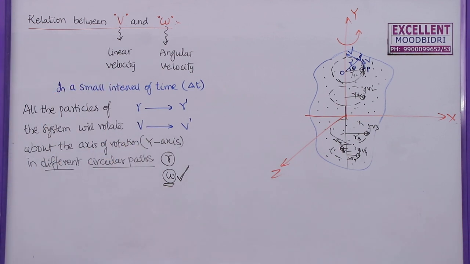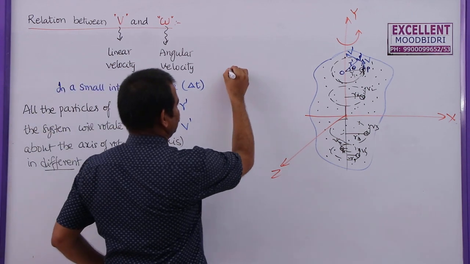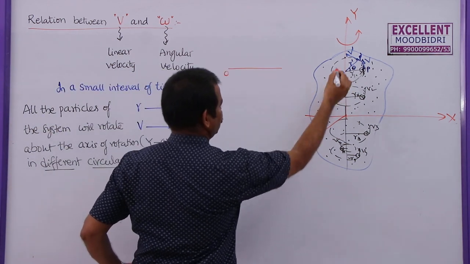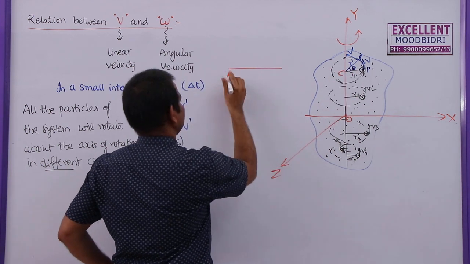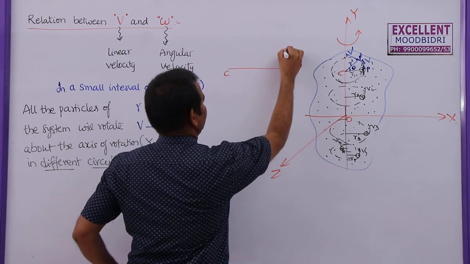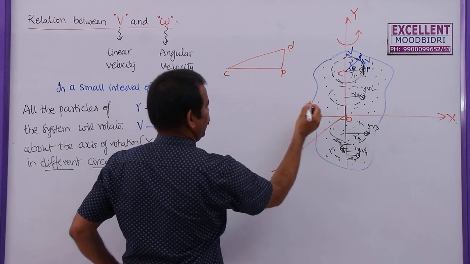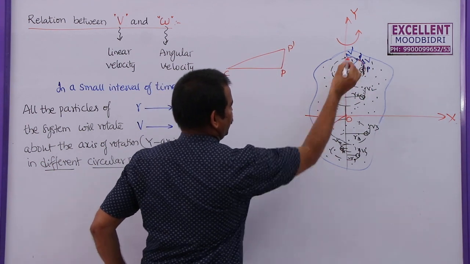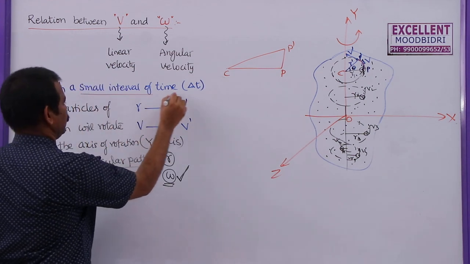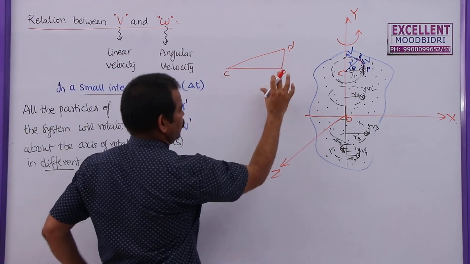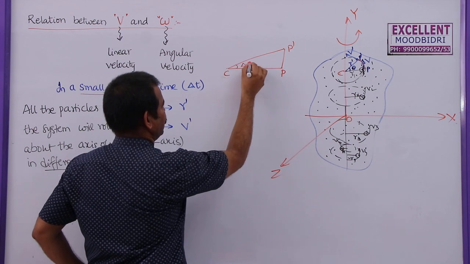Here, if you consider this triangle, actually this is the origin. Let me take the C. So this is C, P, and this is P dash. Here, even though this is a circular path, as delta t is very small, I am taking a small interval of time, then P and P dash will be very near, and this will become delta theta.